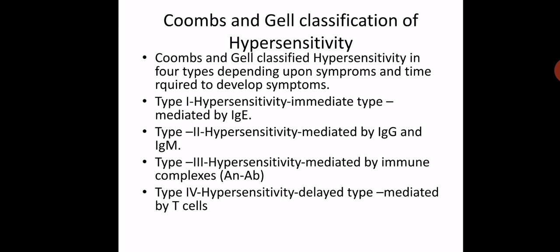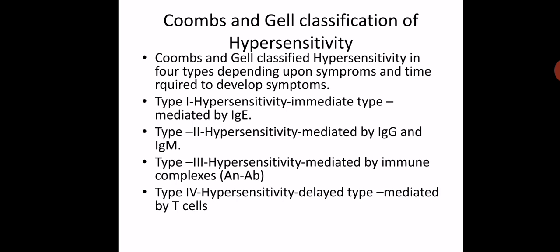But IgE antibodies are reaginic antibodies, and they have the ability to bind on the mast cell surface and on basophils also, and these antibodies are responsible for the development of certain mediators, and these mediators bring about the changes, and some symptoms are developed due to these mediators.